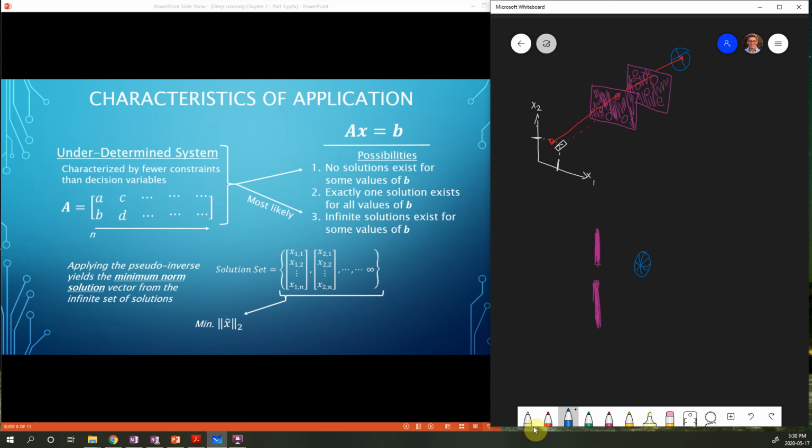And now instead of just being able to shoot in one direction with 1 degree of freedom, let's say we can have 2 degrees of freedom, and we are trying to get our laser to that target.